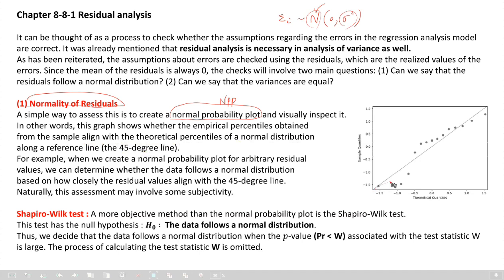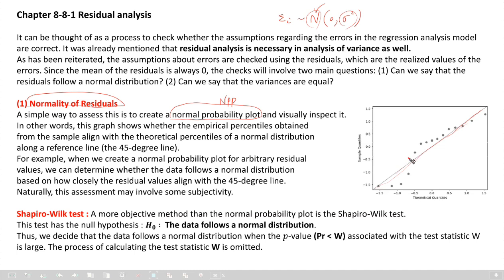This is a 45-degree line, okay? So theoretical percentile, and empirical percentile means the percentile from the sample. They should coincide. That is a perfect normal distribution.